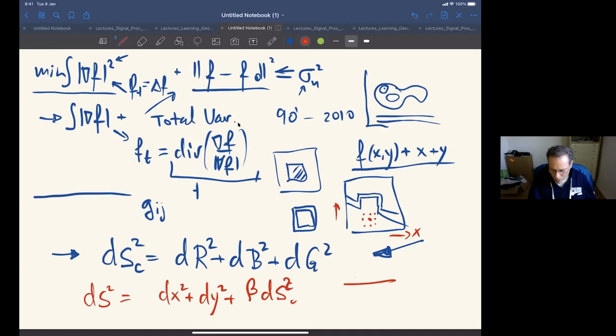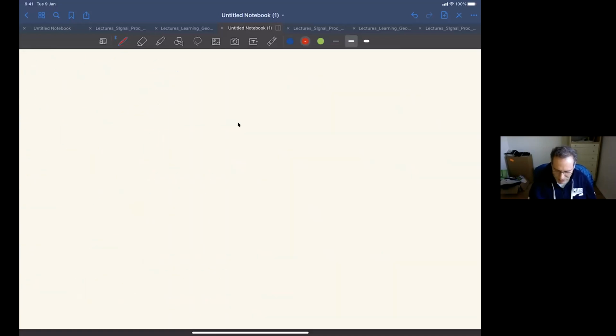And now we are working in this hybrid dimensional space where the space in x and y and the space in color play an important role. So now you can think of an image, assume that this is my x and y coordinates.